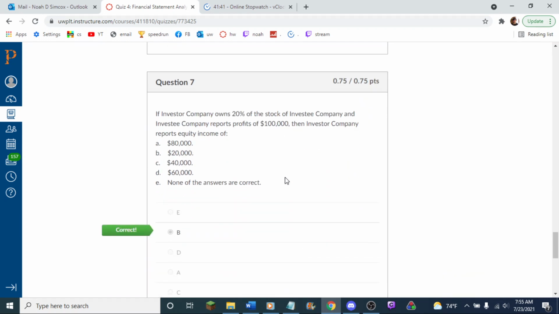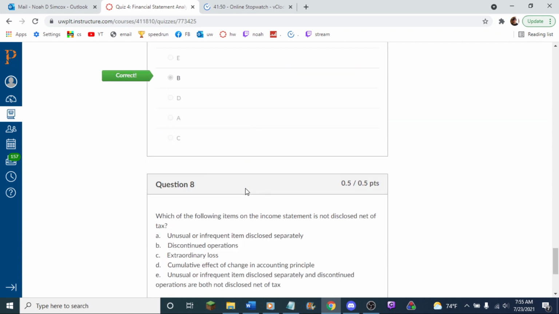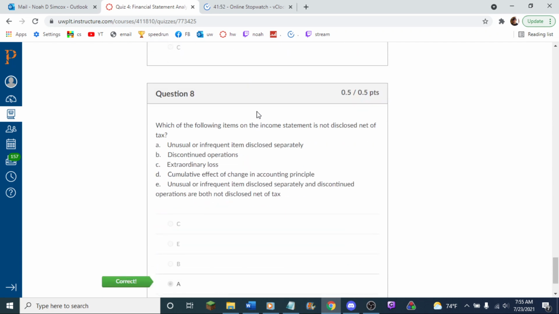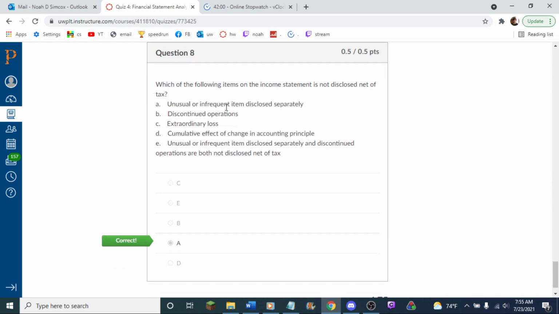Very simple stuff here. Unusual or infrequent item is not disclosed net of tax.